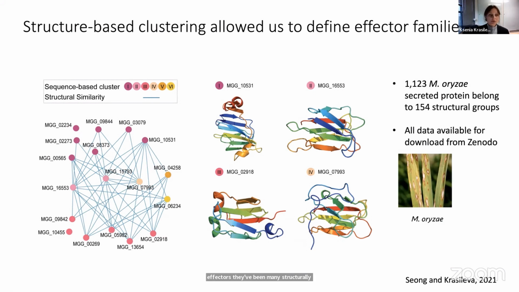So we could use this computational prediction and structural information to sort through these effectors and group them based on structural similarity. This paper was published in 2021. Kunyang won the Best Graduate Student Paper Award for that one. So I'm really happy his work was recognized for this.